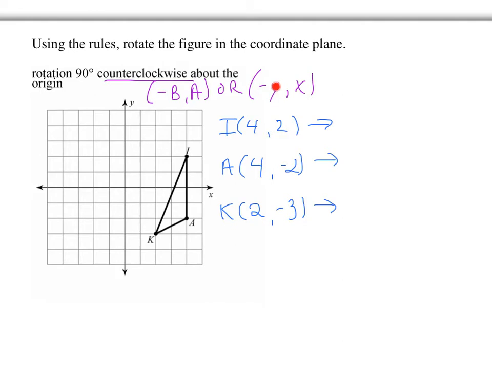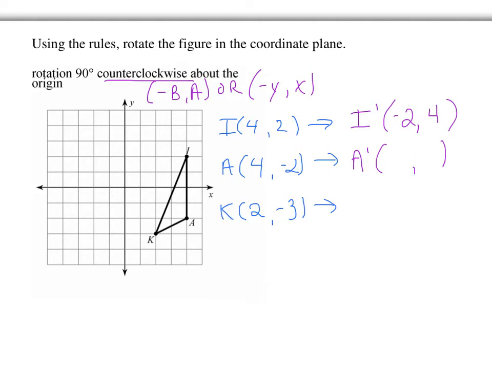So we need to take each of the y values and make them negative, and now they're going to be the x value, and then our x's are going to be moved to the y. So that would mean that I prime, since my x has to be now the y value, and then my y is now going to be my x, but I need to make it the opposite sign, so it should be negative 2, 4. For A prime, I need to do the same thing.